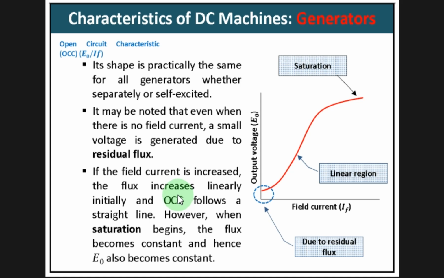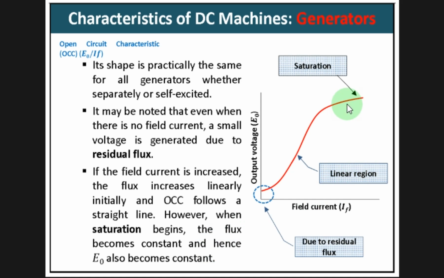Now if the field current is increased, the flux increases linearly initially, and after that the curve becomes a straight, flat line, and this is called saturation. This is the linear region. When saturation begins, the flux becomes constant.